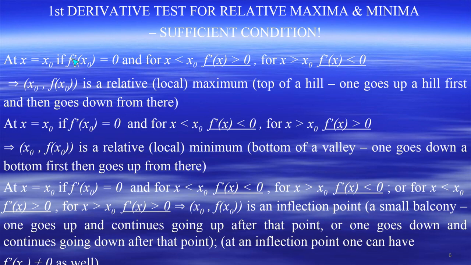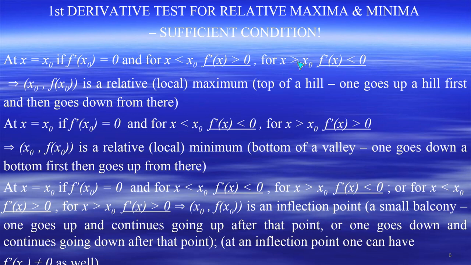For x less than x0, f prime x is greater than 0, which means the function is increasing. The function is going up. If f prime x, the first derivative, is greater than 0, it means the function is climbing, it is going up, for x less than x0.